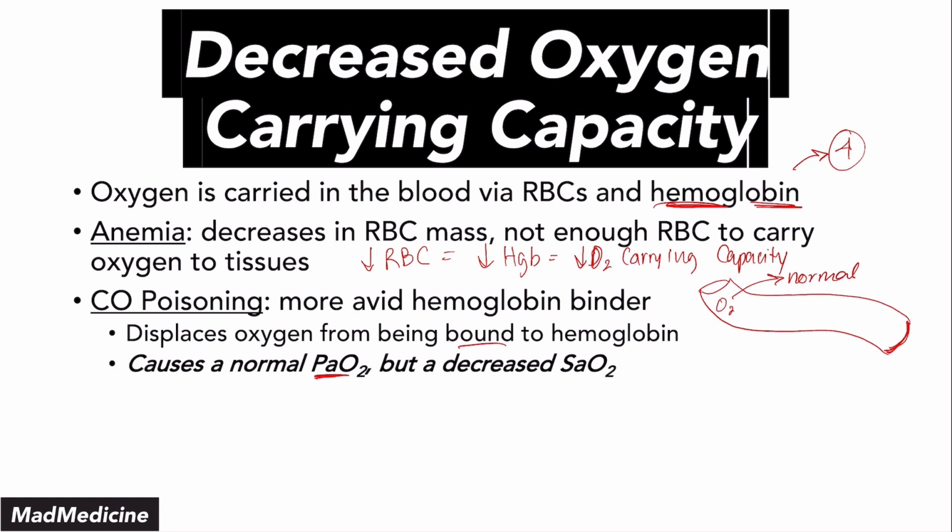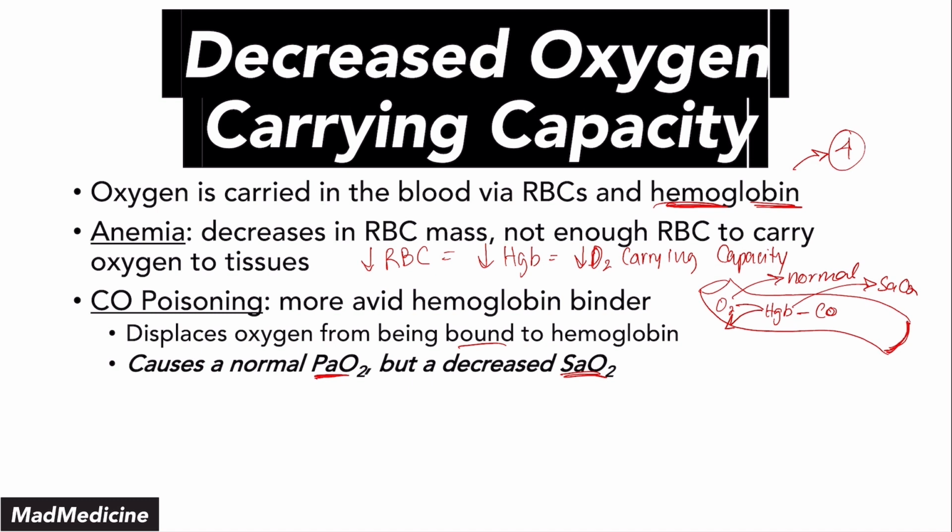Everything is fine. But at the hemoglobin level, which is really looking at SaO2 or the oxygen saturation, you are not able to bind oxygen because you have carbon monoxide bound to it. So when oxygen binds, it doesn't really successfully bind. It gets kicked off because of the carbon monoxide. And that means you are going to have a normal PaO2, but the saturation is going to be decreased.